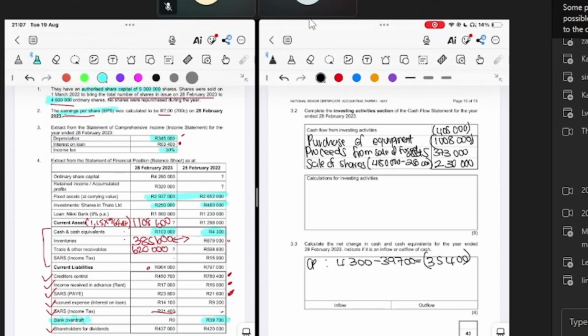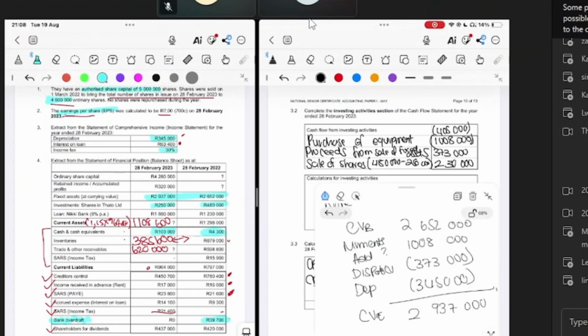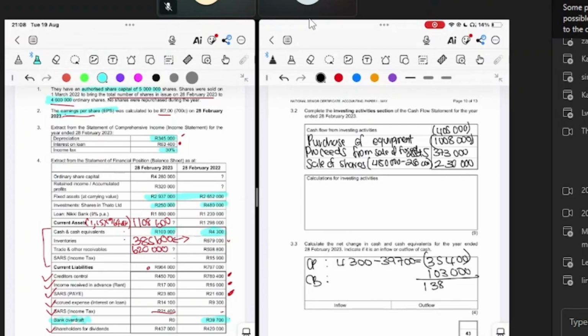Then your closing balance is just the 103,000. To get your net change, you take your closing minus your opening. That will be 103,000 minus negative 35,400, which will give you positive 138,400, meaning there has been an inflow. That's your net change in cash and cash equivalents.